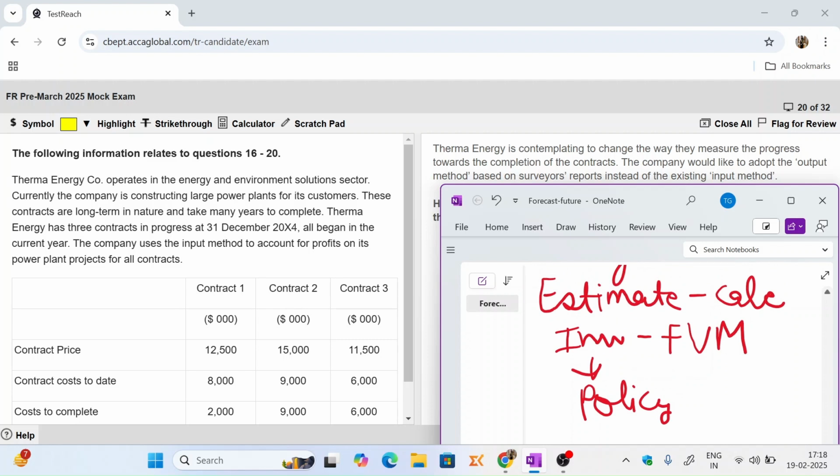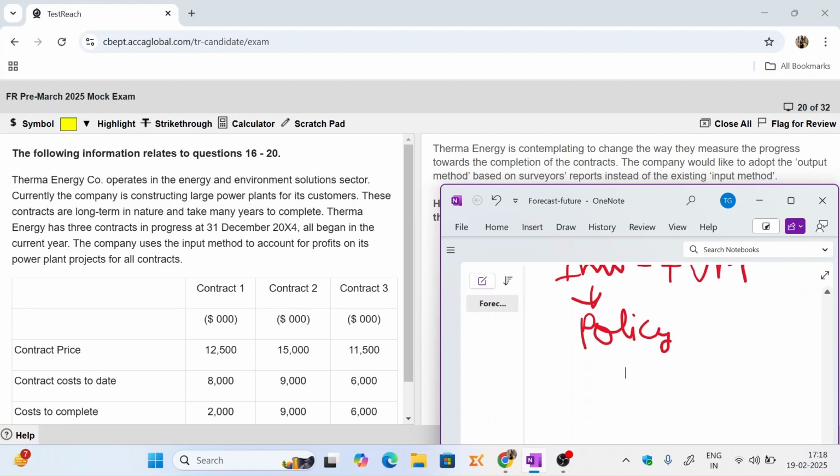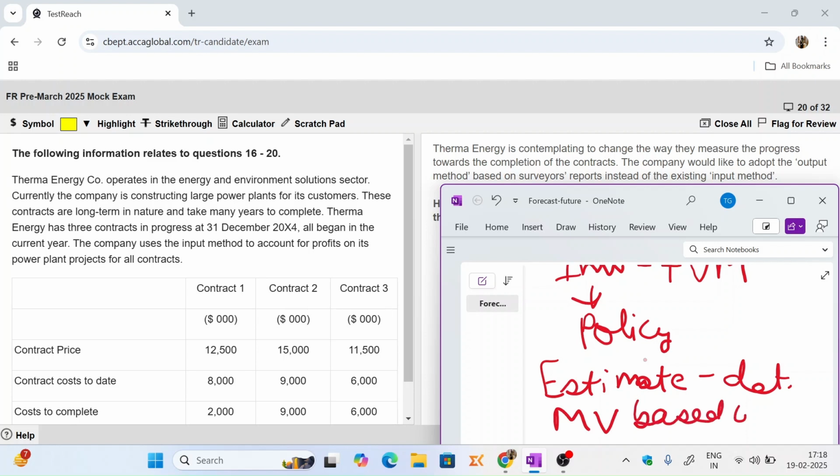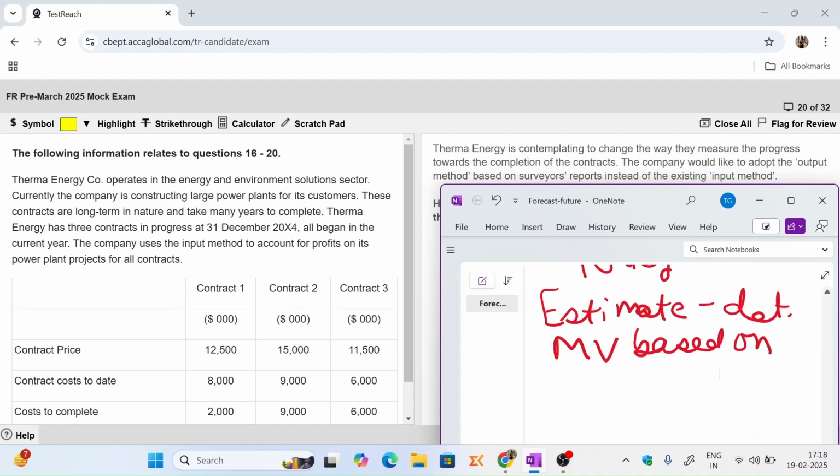Now if I am going to determine the current fair market value of those investments based on the market data, that is an estimate, that is a calculation. Because market data is something I use to find out the market value, it's only going to be an estimate, not a very sure figure. That is why we call it an estimate.